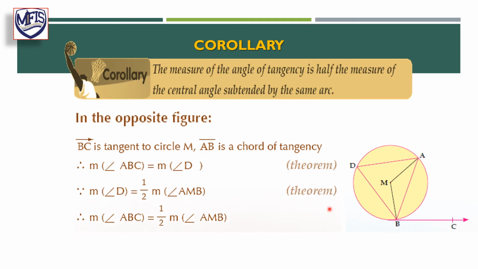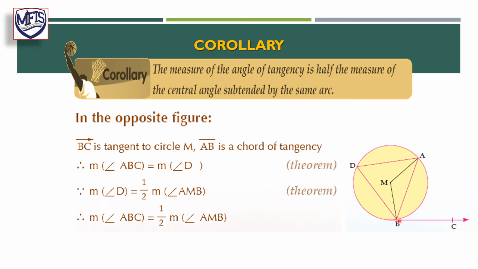Now, let's summarize what we have studied in this lesson. Angle ABC is called an angle of tangency. Why? Because this angle is included between tangent BC and the chord AB. And chord AB is called the chord of tangency. Now, the measure of angle ABC equals the measure of angle D, the inscribed angle subtended by arc AB.